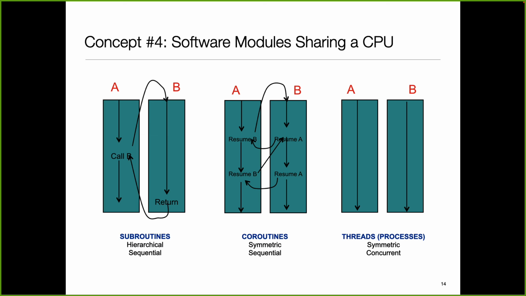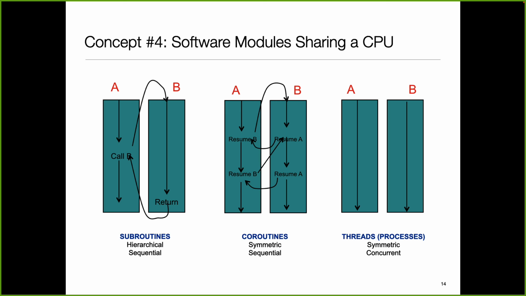So clearly we had to remember where we exited B last time and then enter back from there. Whereas in a subroutine, I don't need to remember anything about B. Every time I just start from the top. Here I have to remember where I exited from B so that I can resume from there, and likewise.